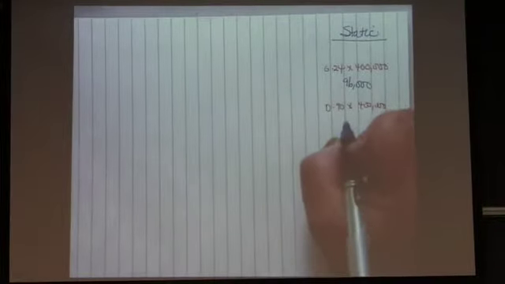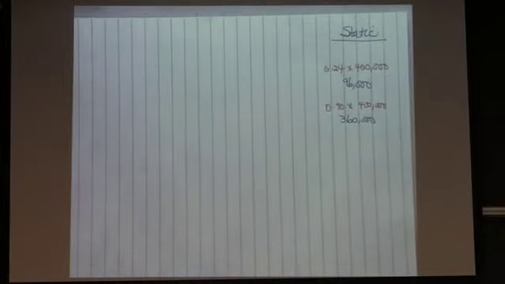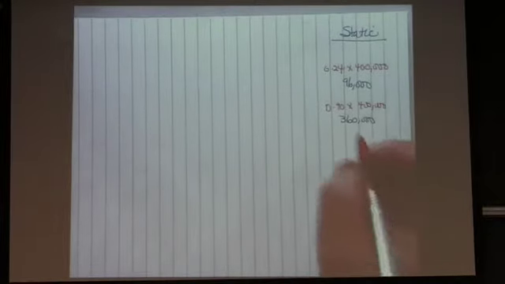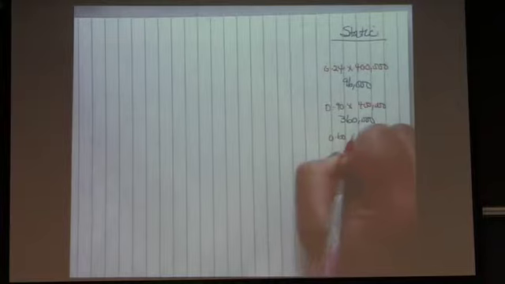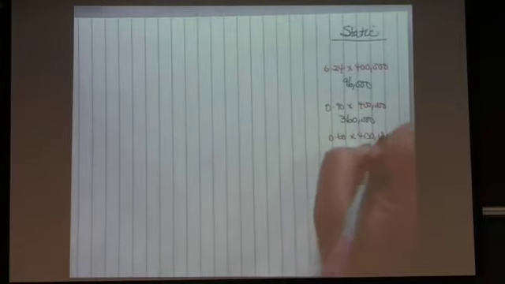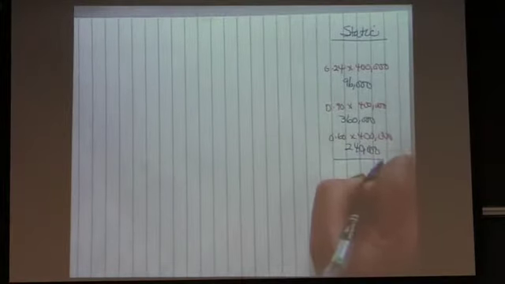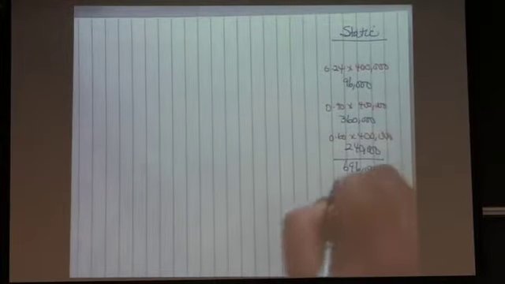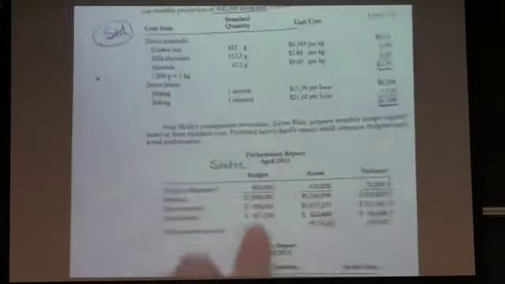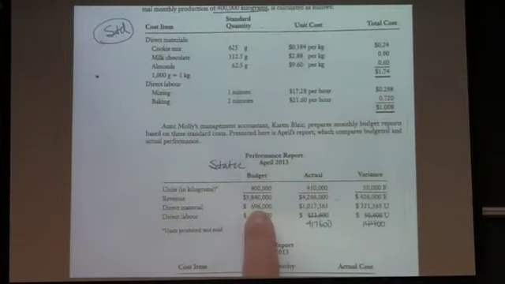That gives me 360. And for almonds, it will be 60 cents times 400,000 to give me 240. Together, we know this is 696. And that ties in with the 696 here, right? The static budget.